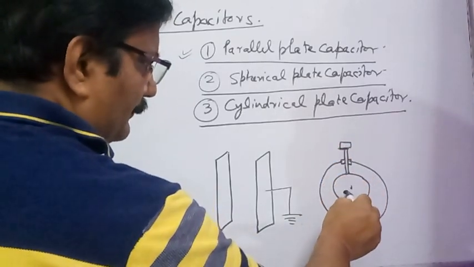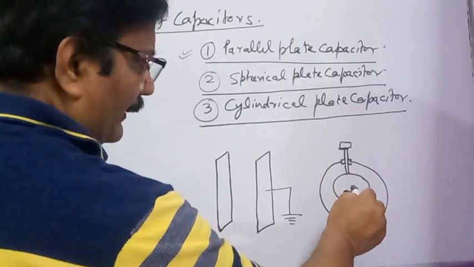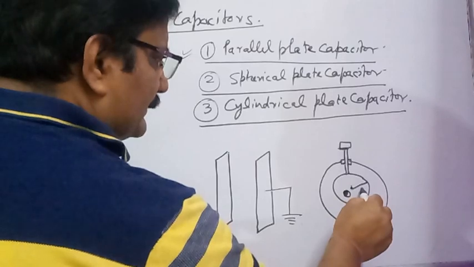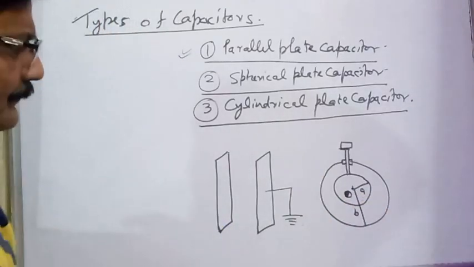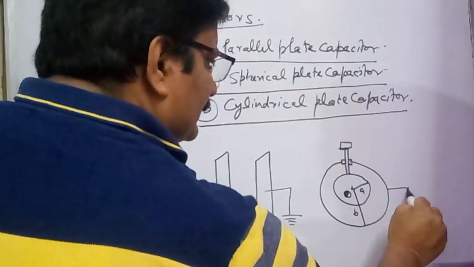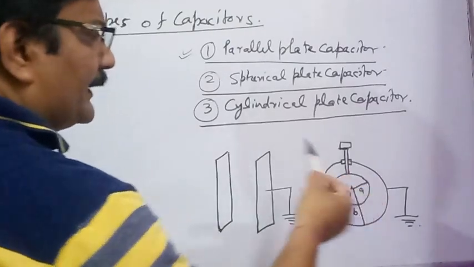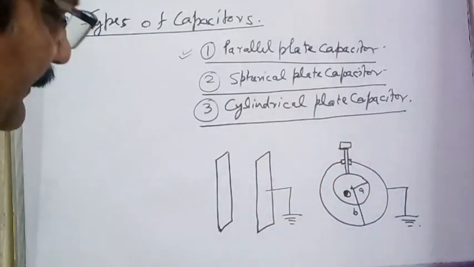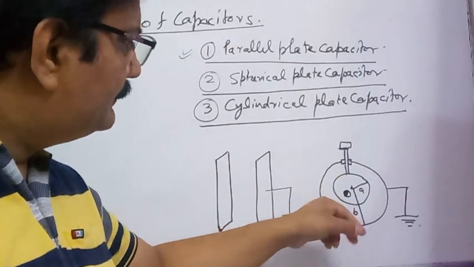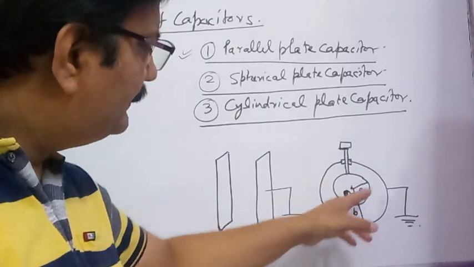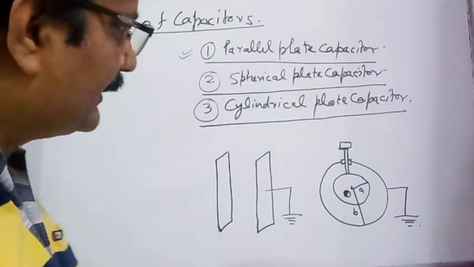The center of the two spherical plates is O. Here, the radius of the inner plate is smaller, the radius of the outer plate is bigger, and the outer plate is connected to the earth. This is called a spherical plate capacitor. Why is it called that? The plates of the capacitor are in the form of concentric hollow spheres. That is why this is called a spherical plate capacitor.